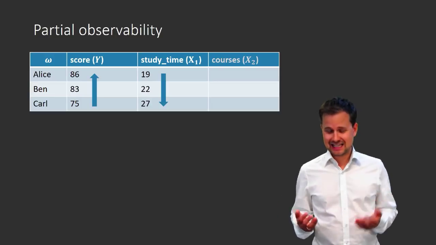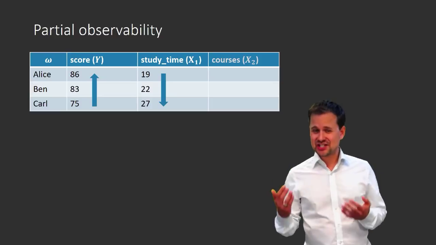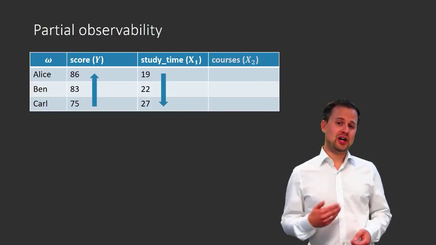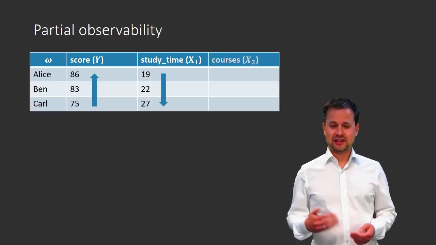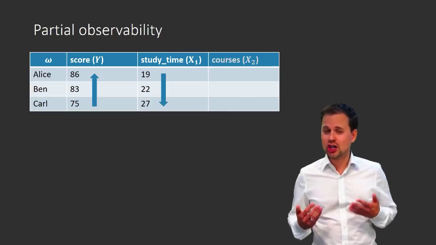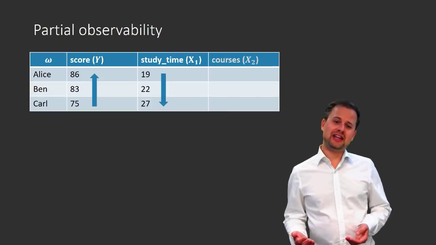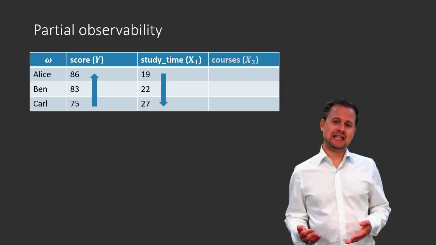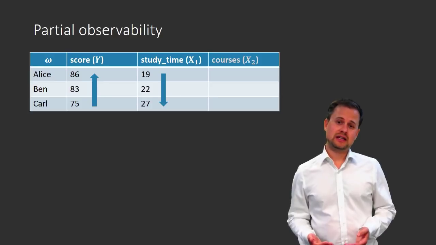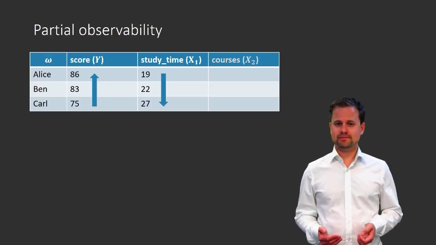Obviously, this is not indicative of any kind of causal relationship, so it is not true that studying more makes you perform worse on the exam. Quite the opposite. In this case, we know what the true model looks like because we've made it up. So we know that study time has actually a marginal effect of positive 2 points. So studying more is good for your exam score.